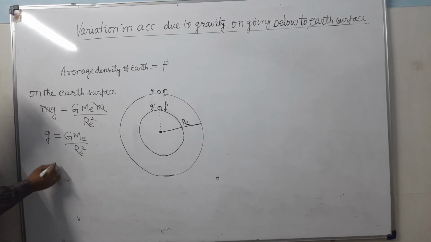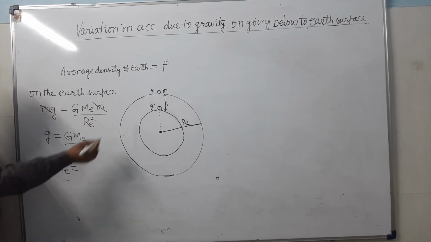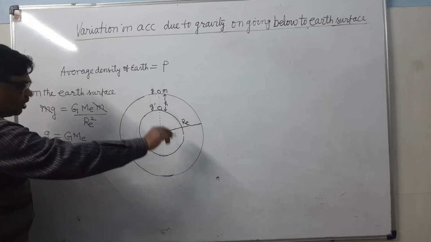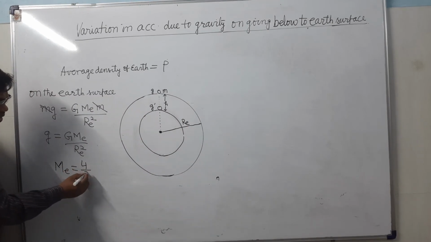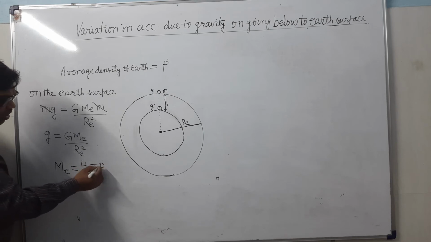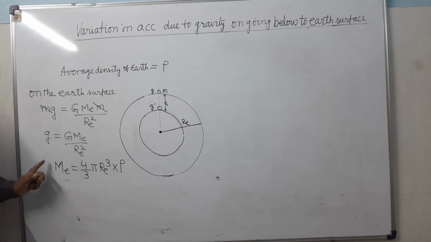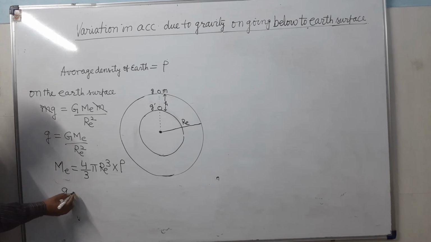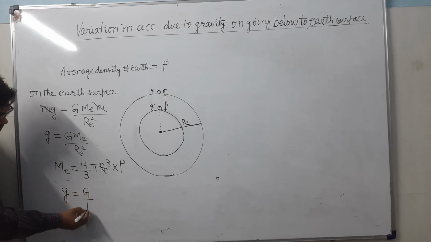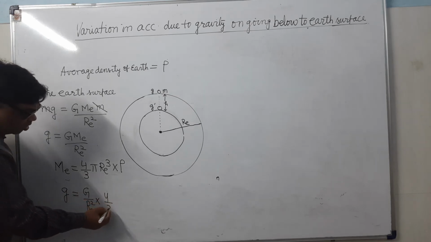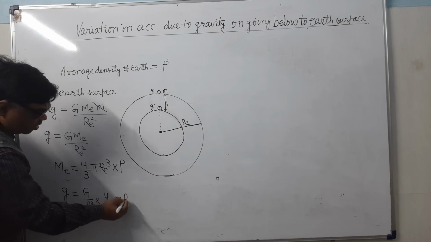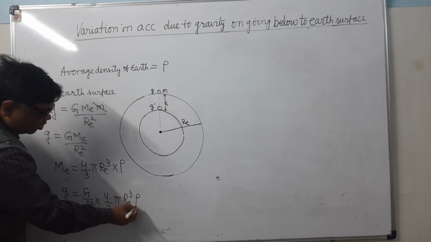Mass will be equal to the volume of the earth's sphere. So what is the volume of the earth's sphere? 4/3 pi Re cube multiplied by density. This is the formula of mass: mass equals volume into density. So substituting this value, g equals G/Re² into rho.